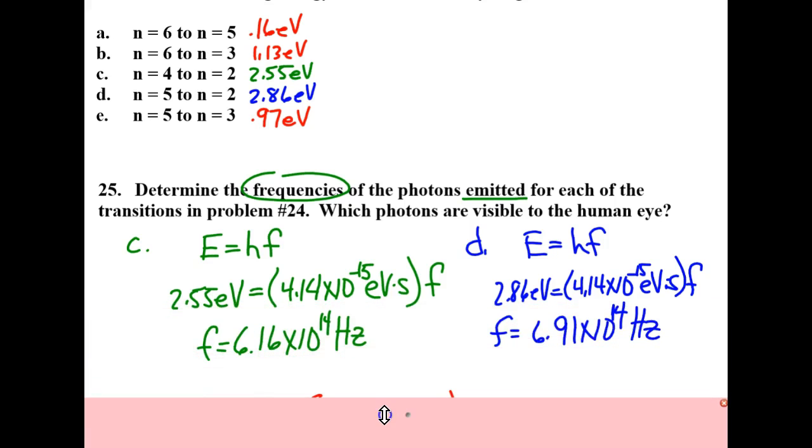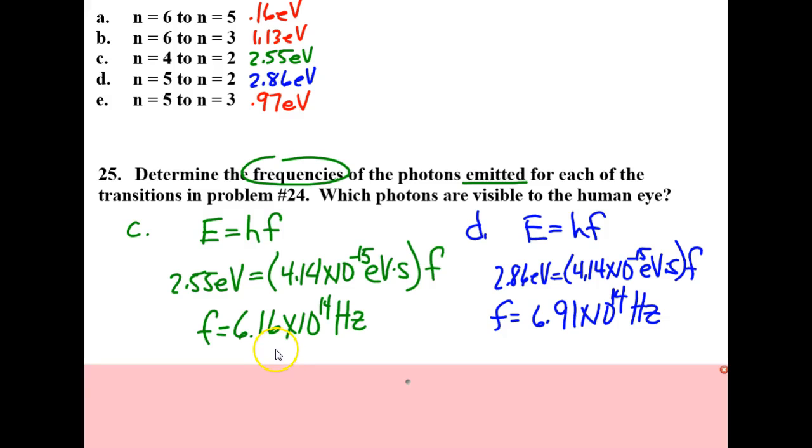I only did C and D here, but I know that C and D are the only visible ones. You should still do the answers for A, B, and E as well, and we can check those in class tomorrow if you would like to, just to be sure you're getting the right answers.